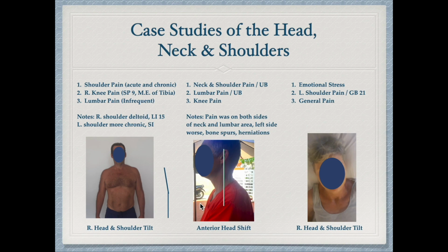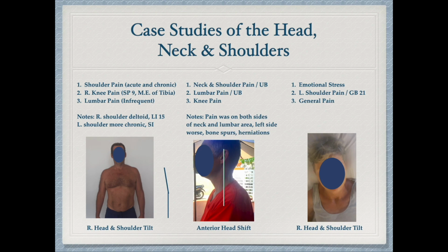Now, we can relate this to traditional Zang Fu patterns. In our traditional teachings, we speak of liver qi stagnation and Bi syndrome and kidney deficiency and the way that these relate to various conditions, but that only takes us so far. And if you want to rapidly accelerate your ability to treat spinal pain and neck pain and headaches and neck problems and hip problems, then it's really essential to understand these structural dynamics, because a lot of other doctors, physical therapists and osteopaths and conventional doctors are aware of this and they're using this, and some of them are even using acupuncture and they understand how to use this as well.